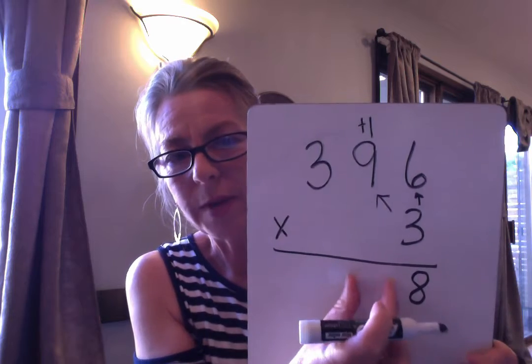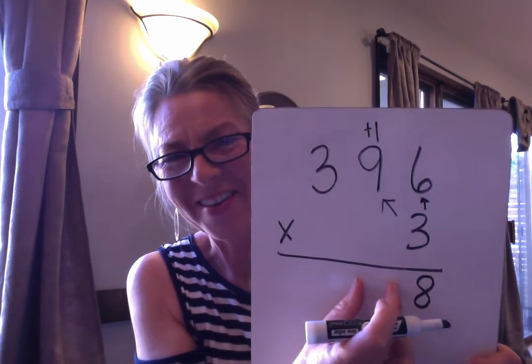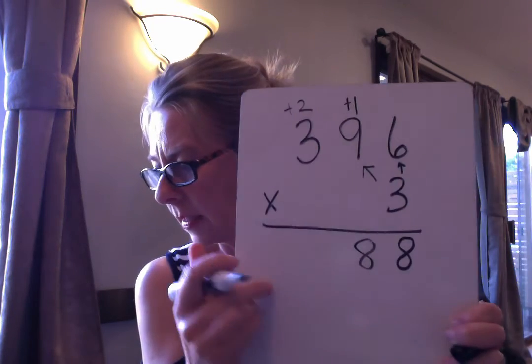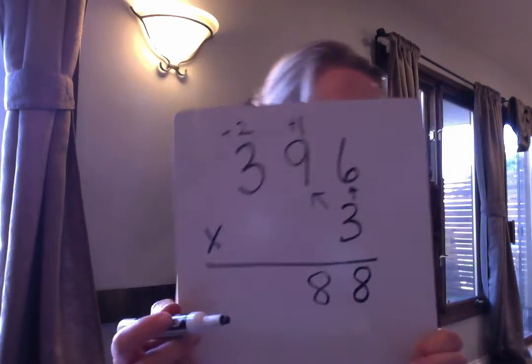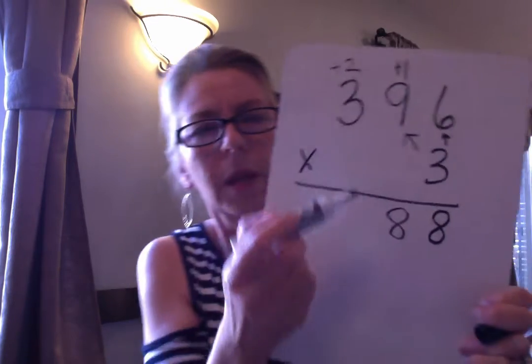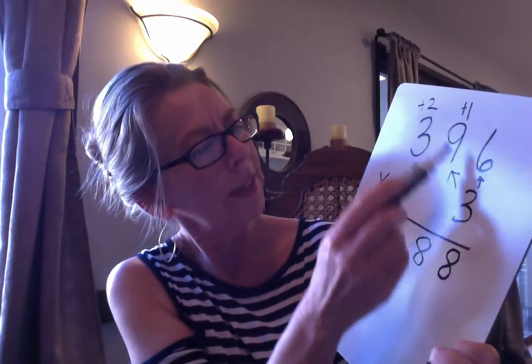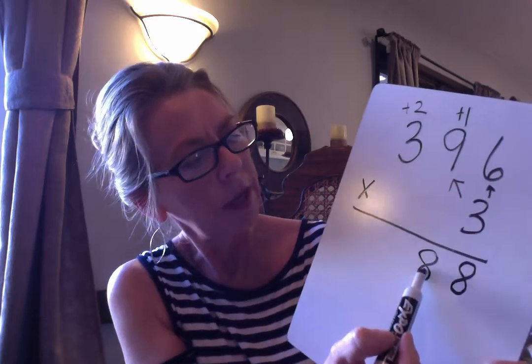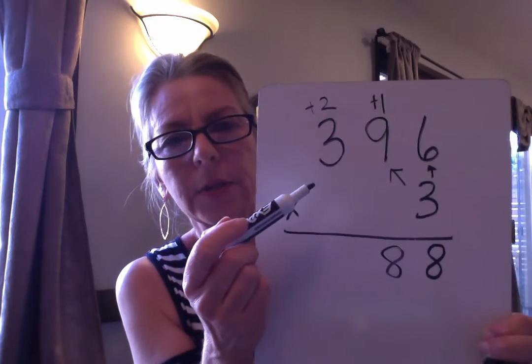Do we squish 28 in our tens column? No. All right, so remember we put the 2 up in our hundreds place and our 8 down in the tens place, right? So we have 28 tens, so we put the 8 here and the 2 up in the hundreds column.